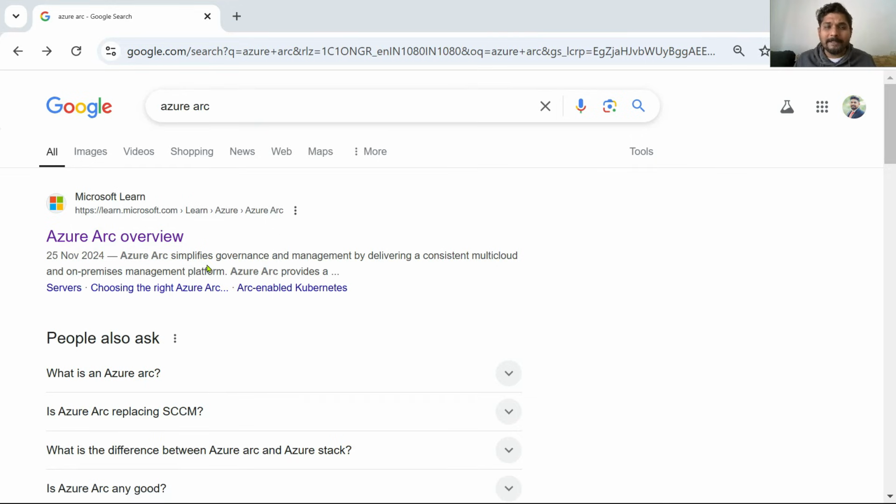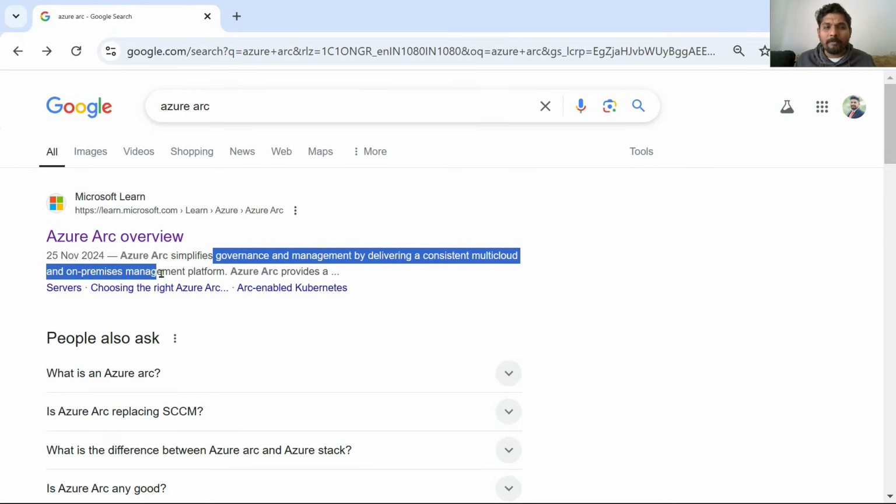Azure Arc simplifies governance and management by delivering a consistent multi-cloud and on-premises management platform. Remember, at the moment, Azure Arc is the management platform from Microsoft to manage multiple different kinds of cloud environments. It could be a private cloud, public cloud, hybrid cloud, or a multi-cloud environment.